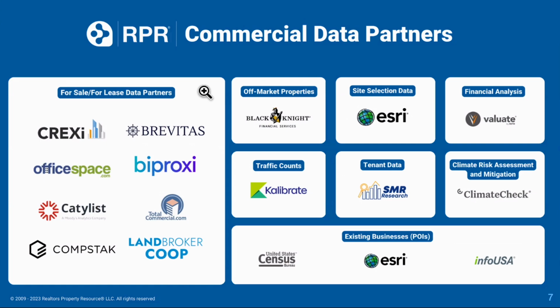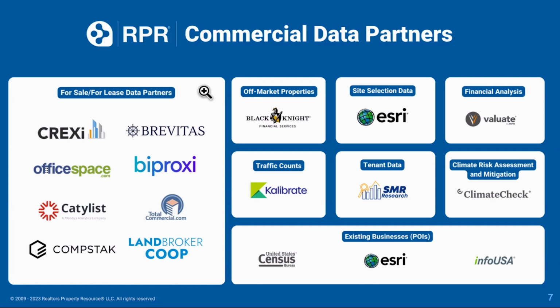So Crexi, Brevitas, by proxy office space, even Land Broker Co-op that deals primarily in raw land or land for development, and others as well. And then our most unique new feature is our partnership with ComStack that actually provides commercial comps across the country. And there are ways for you as an RPR member to be able to access and even participate in that.